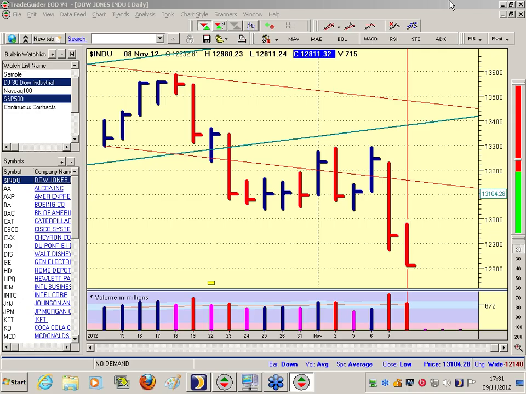Now, the chart. Can they all see the chart, Peter? Yes, that's the Dow. This is the Dow Jones daily chart, but it's only up to date to yesterday. What I want Peter to do now is remove these old trend lines. Not all trend lines are useful.